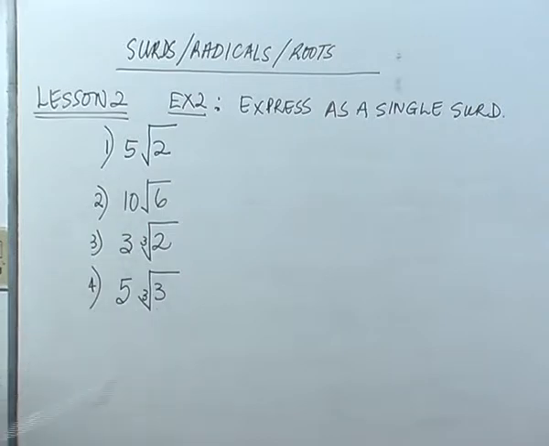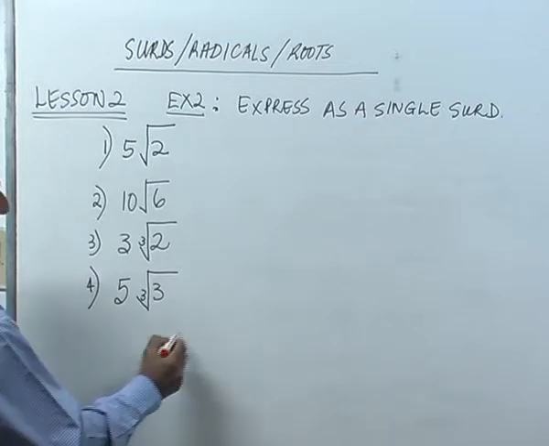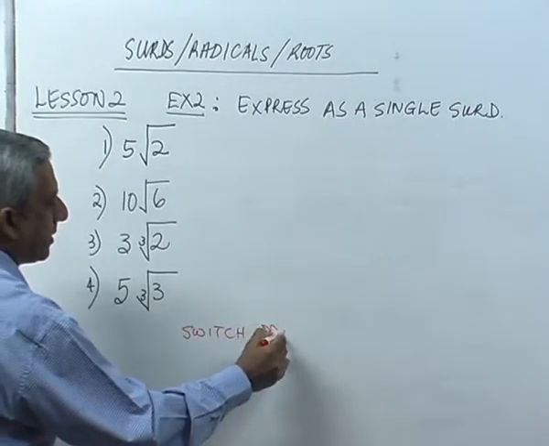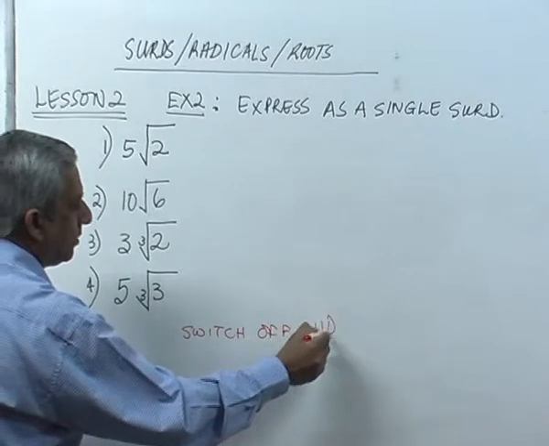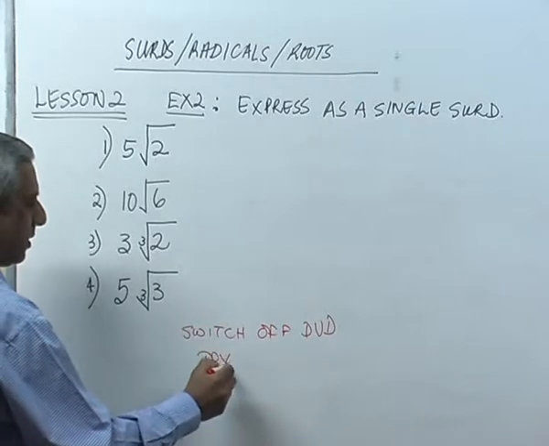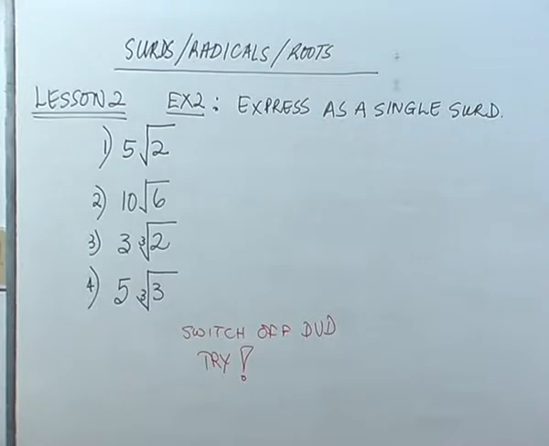You are required to express each one as a single surd. Alright, now you must switch off the DVD. Try them on your own and then come back and we will mark them for you. Alright, best of luck.